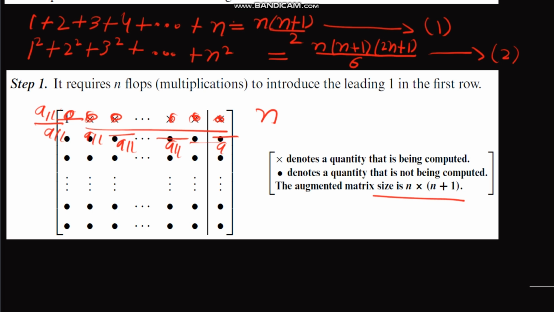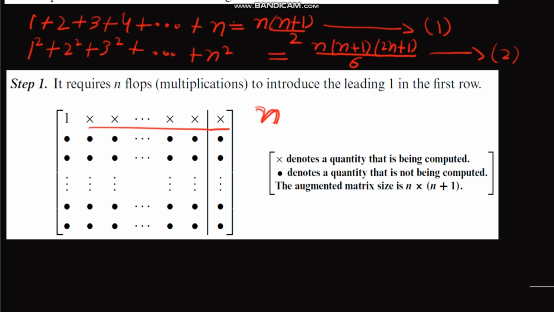So how many multiplications, rather than saying divisions, do I need to use here? I need to use n multiplications. You might think there are n plus 1 columns, so why do we need n multiplications? Because the computer already knows that the first entry is going to be 1, so it does not divide.